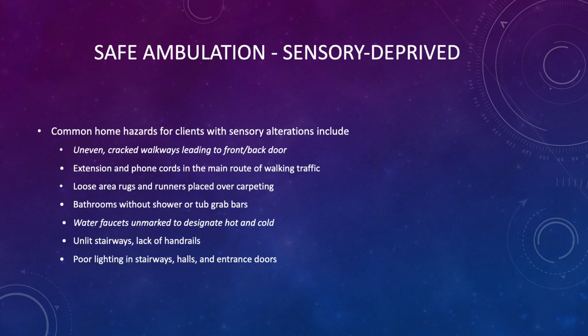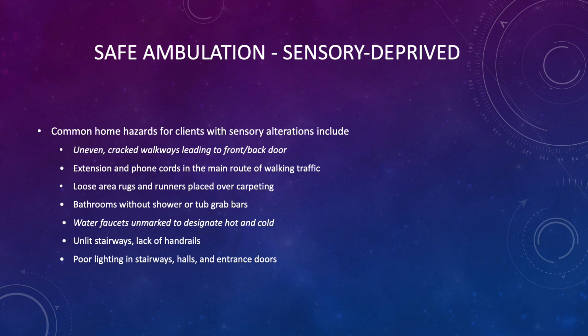Now, when we're talking about sensory deprivation, we're talking about having problems with our ability to understand the senses around us. That would include things like having a hazard where we would normally not have a hazard.